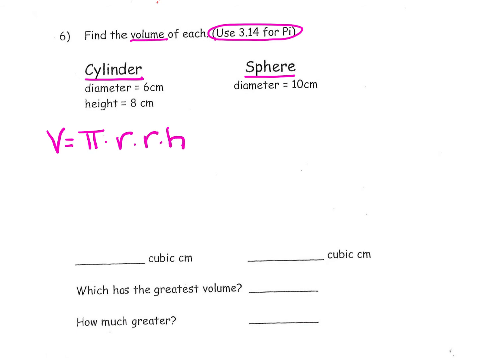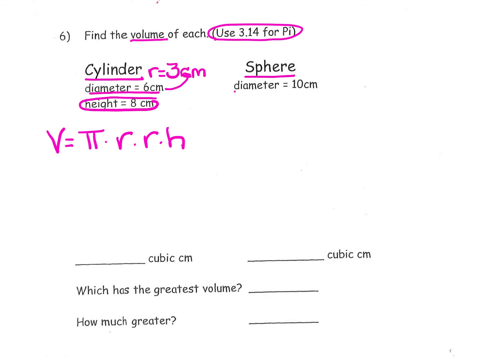We need to know the height, which we're given, but we also need to know the length of the radius. We're given the diameter is 6, but we need to cut that in half to get the radius. Please write this down. Our radius is 3.